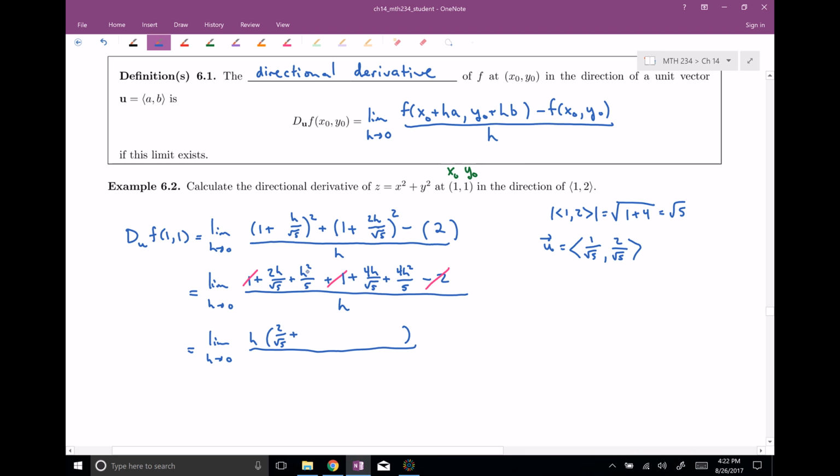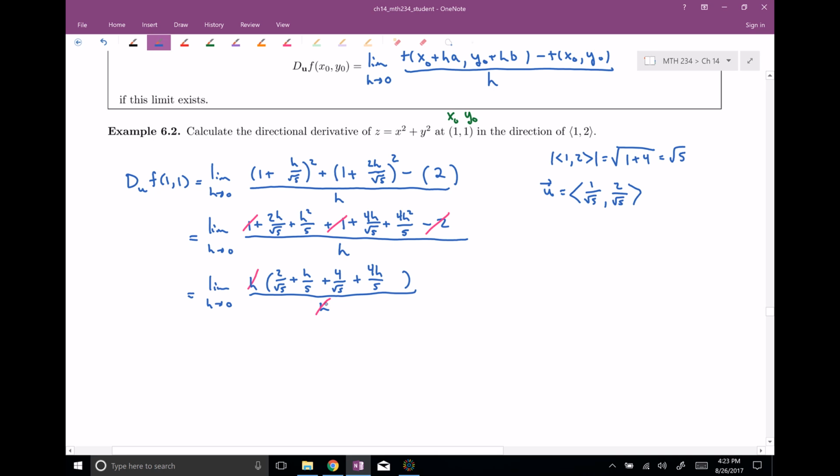From the second one, I'll have an h over 5 left. Here I'm going to have a 4 over root 5, and if I factor an h out of this one, I'll have 4h over 5 left. So I factored out an h, and this factored out h will nicely cancel with the h in the denominator.